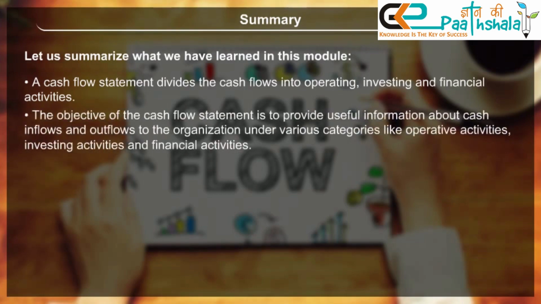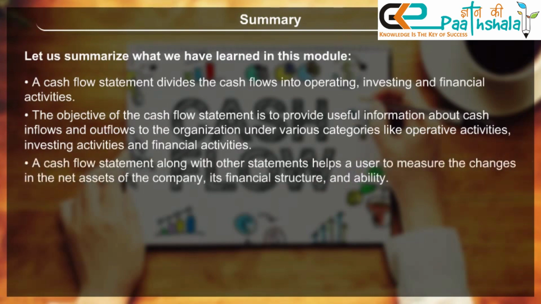The objective of the cash flow statement is to provide useful information about cash inflows and outflows to the organization under various categories like operative activities, investing activities, and financial activities. A cash flow statement, along with other statements, helps a user to measure the changes in the net assets of the company, its financial structure and ability.